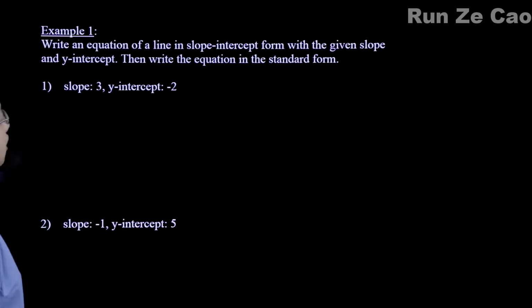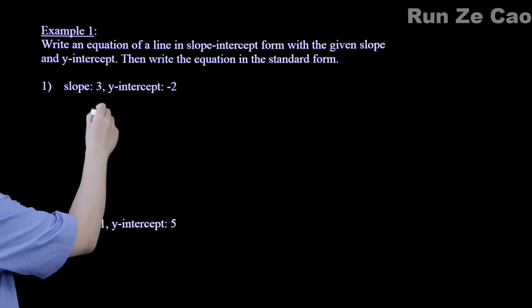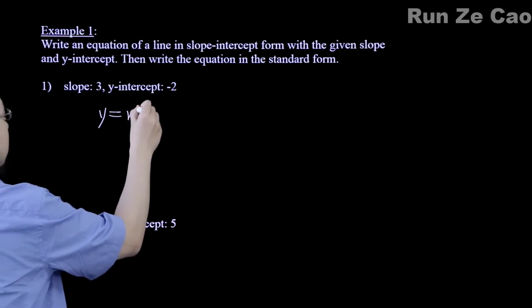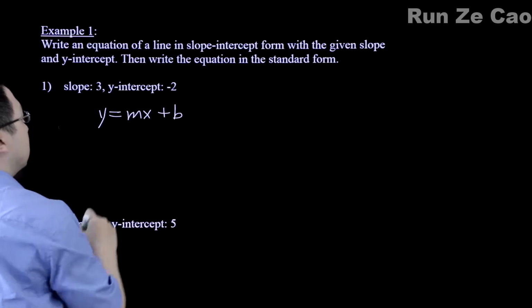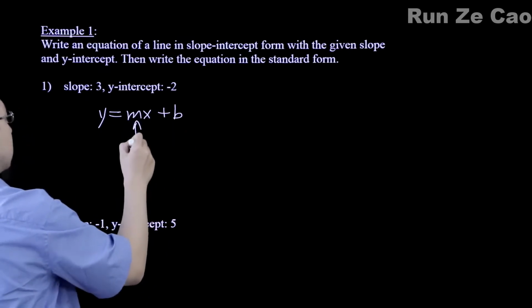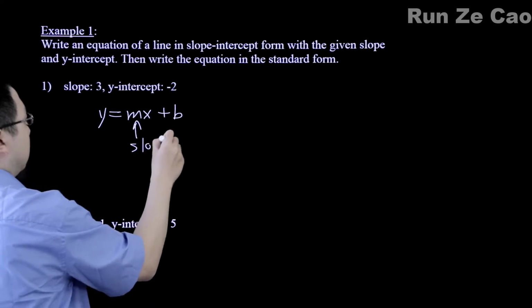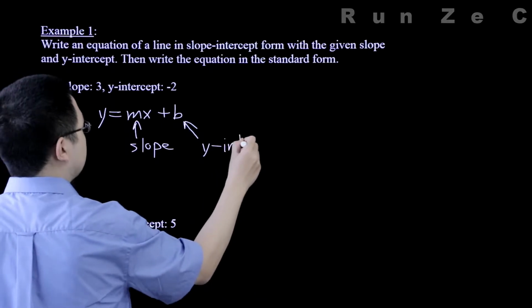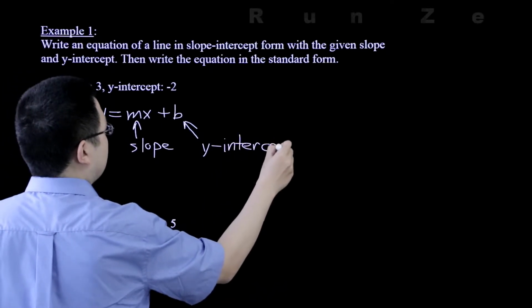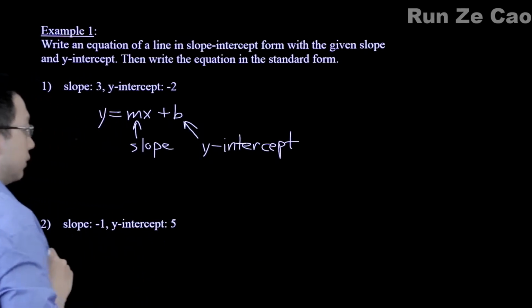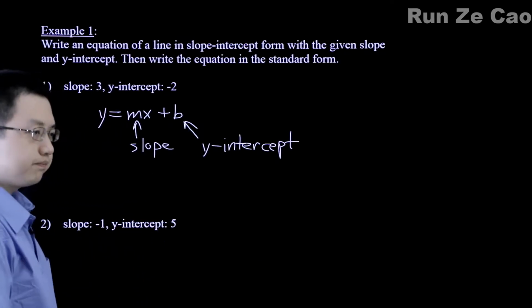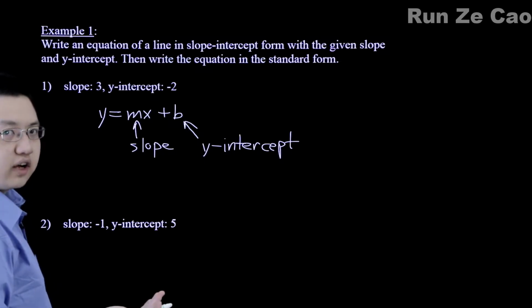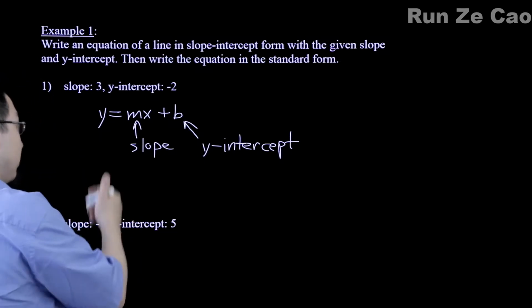So the equation of a line in slope-intercept form with a given slope and y-intercept. Then write the equation in the standard form. So we know that under y equals mx, or ax, plus b, this is slope, and this is y-intercept. Now, if they give us a slope and y-intercept, we just substitute in, right?